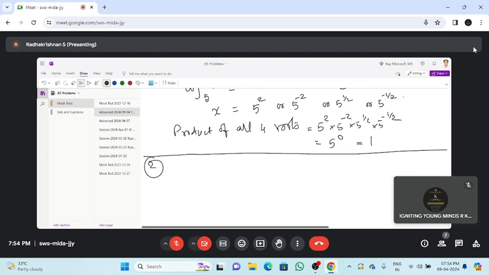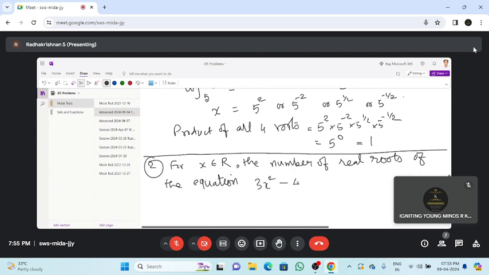For x belongs to real numbers, the number of real roots of the equation 3x square minus 4 into mod of x square minus 1 plus x minus 1 equal to 0 is dash.